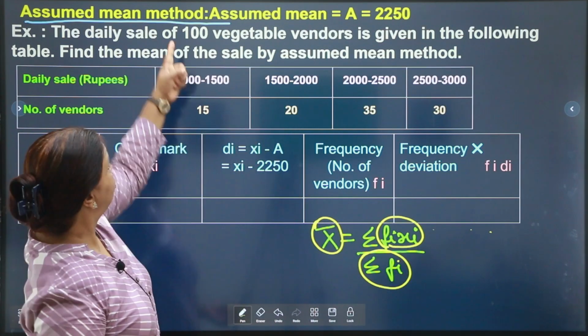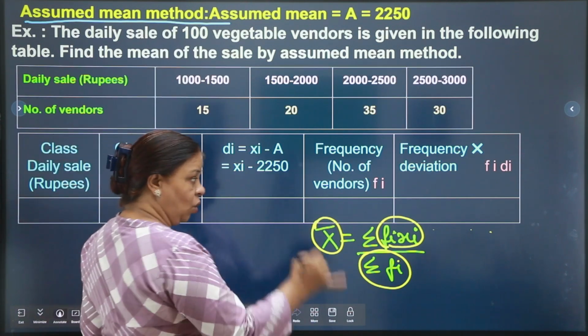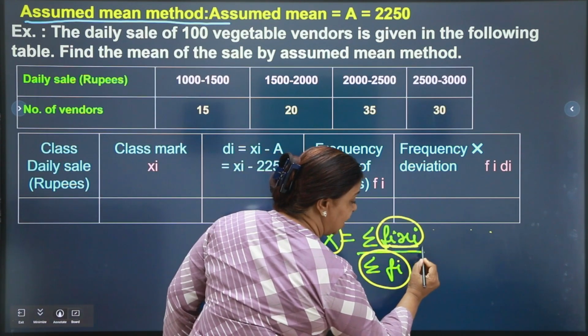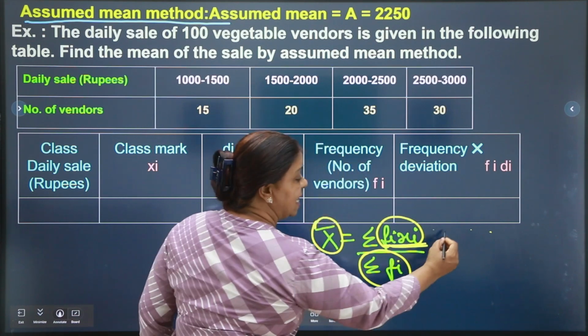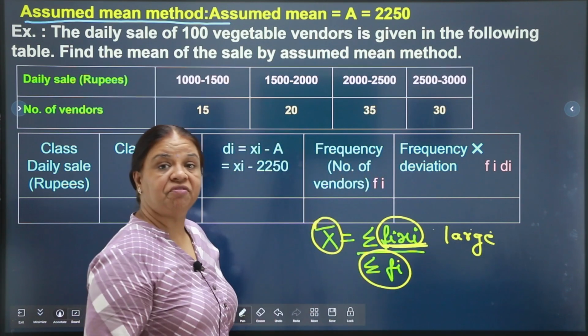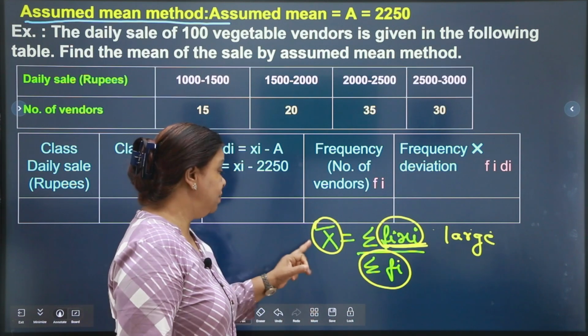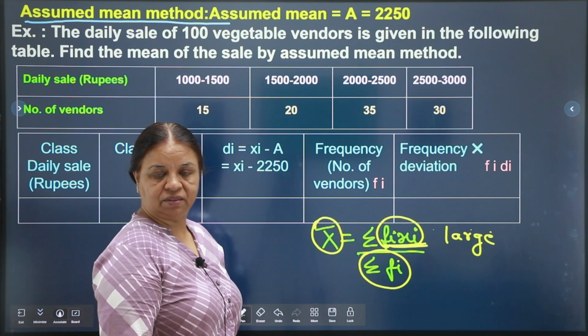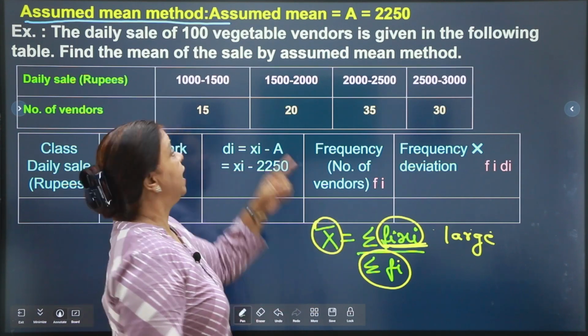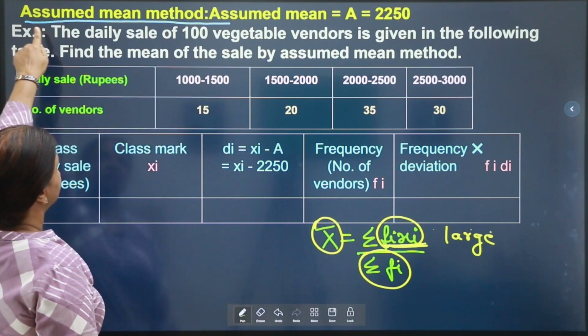Then why should we do this? Because when the data obtained by multiplying fi into xi is very large, it will be very difficult for us to calculate the mean by the direct method. So we switch to the assumed mean method.